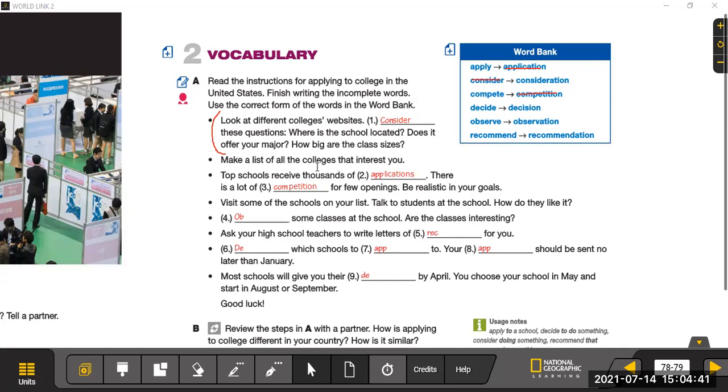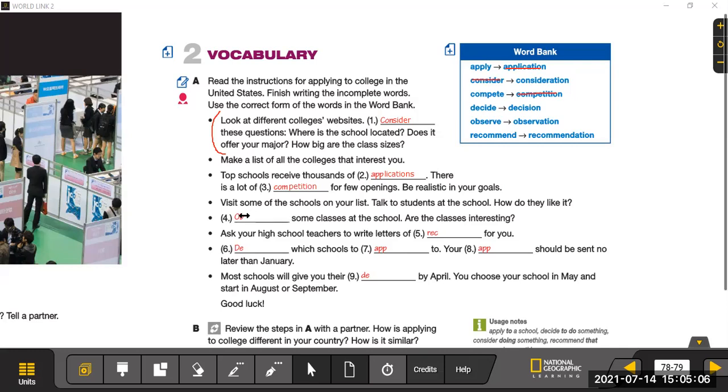Okay, very good. So number 4 will be for Fiordalisa. Observes some classes at the school. Are the classes interesting?